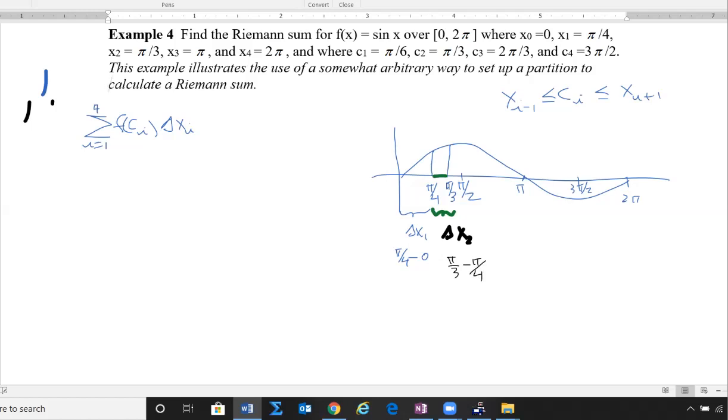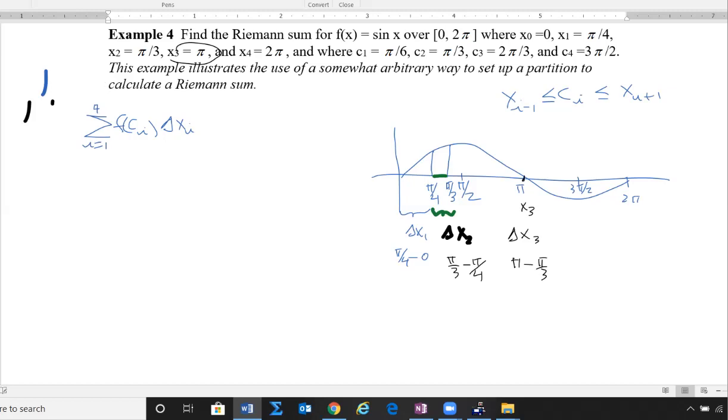The next one, if you come up in here, you'll see x sub 3 is equal to pi. So that's over here. That's x sub 3. So delta x sub 3 will be x sub 3, which is pi, minus the pi over 3.